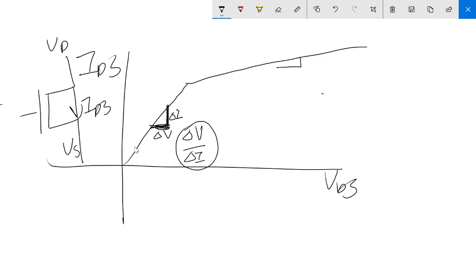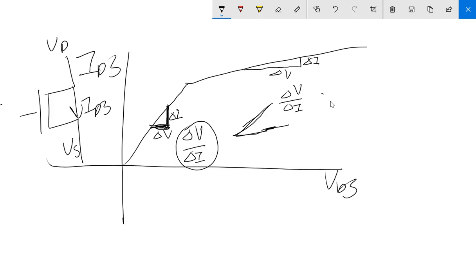If you look at here, that's delta I, that's delta V, and delta V over delta I is way larger than this one, right? So that's why when you operate your transistor in the saturation region, you are getting a larger resistance, which means a larger gain. But in the triode region, it's not. That's the difference between these two regions. Okay, be clear about this.